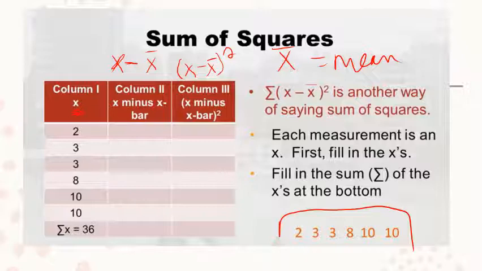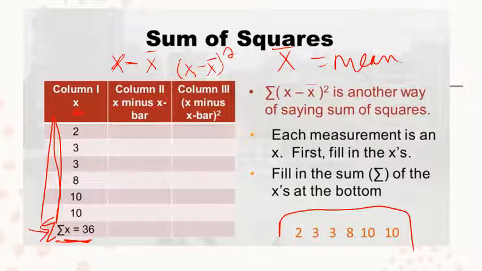First step is to put all of your readings in your X column, and that is what we did. And then we found out that the total is 36. And remember that this symbol right here, the sigma symbol, means sum. So you're adding things up.